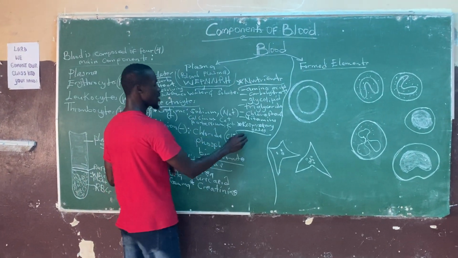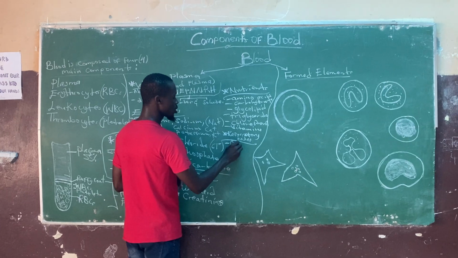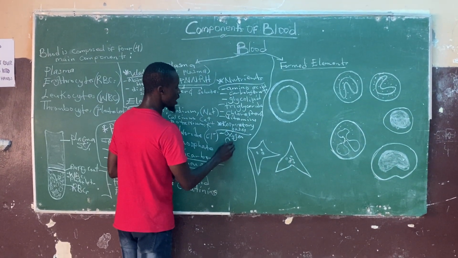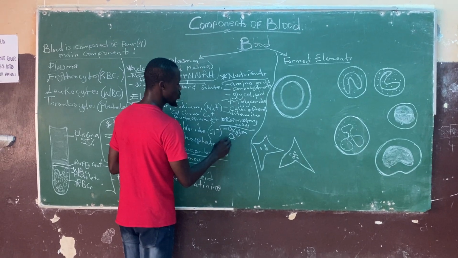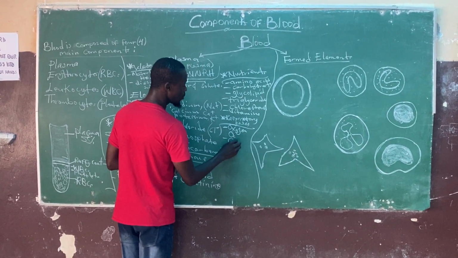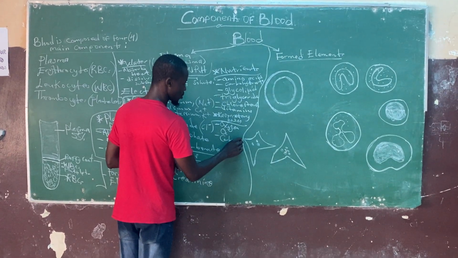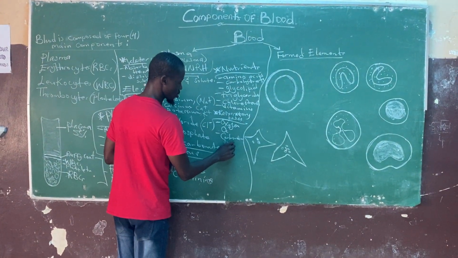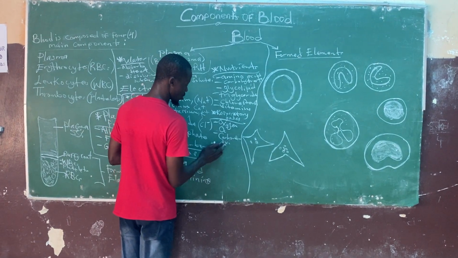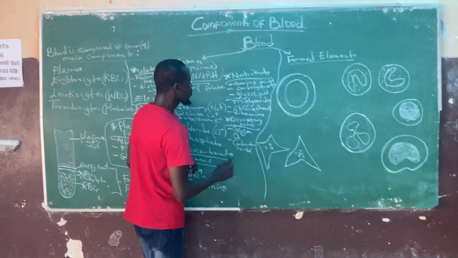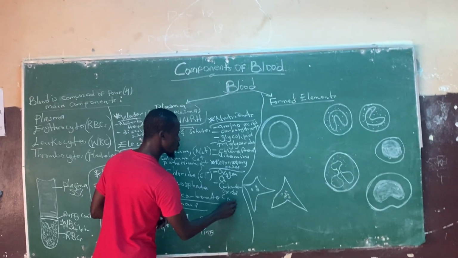So we have oxygen, which is carried by the red blood cells, and we have carbon dioxide, CO2.